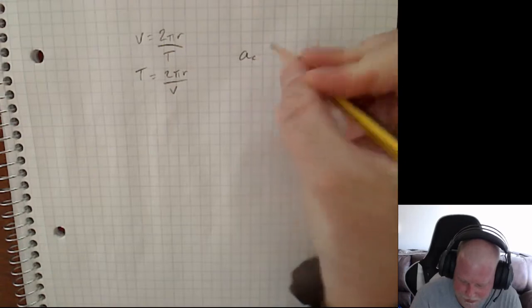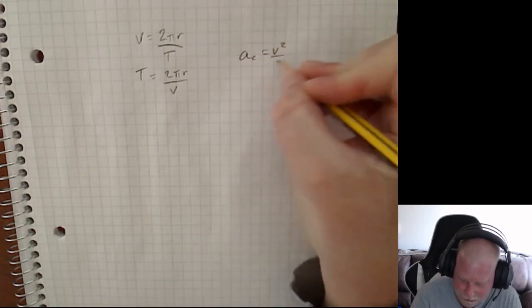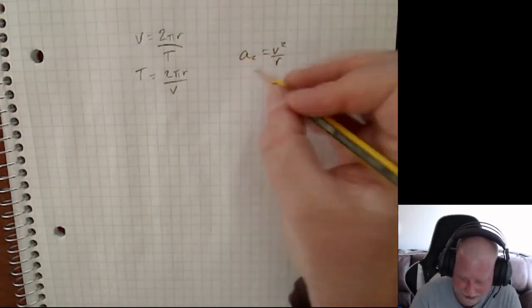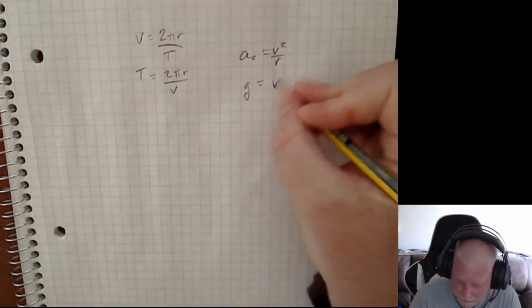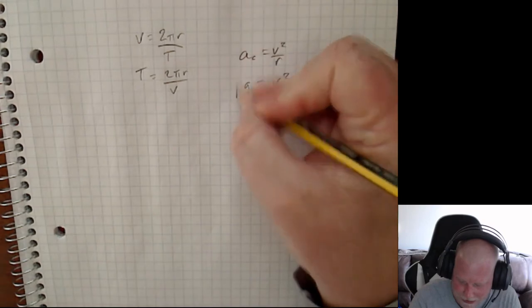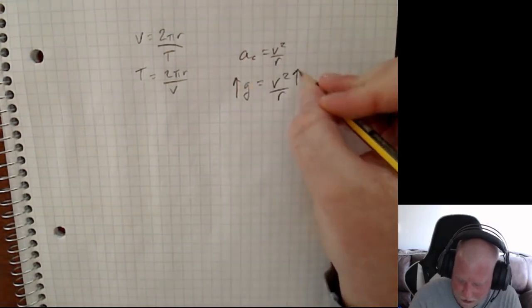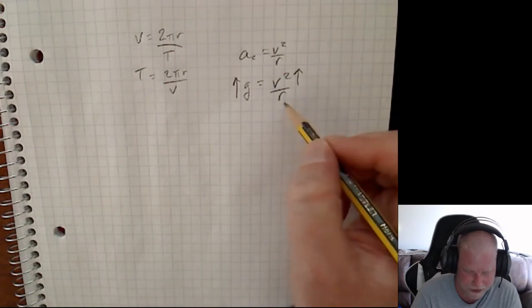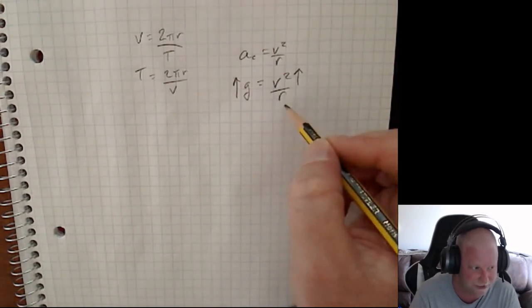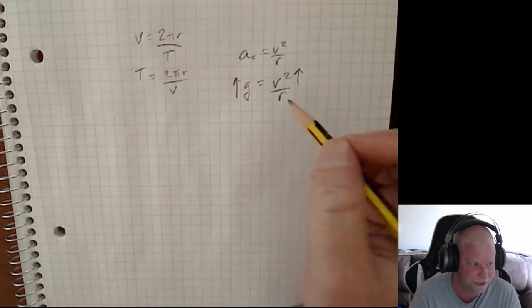Since your centripetal acceleration is equal to v squared over r, and in this case, that centripetal acceleration would be that acceleration due to gravity. So if you increase g, you're also increasing v squared if the radius, or the height of the orbit, remains the same. So we can cross out C.